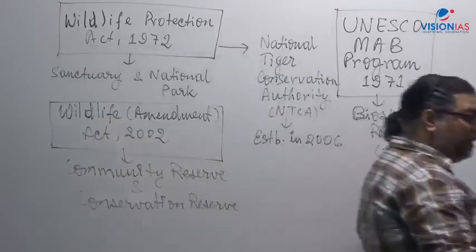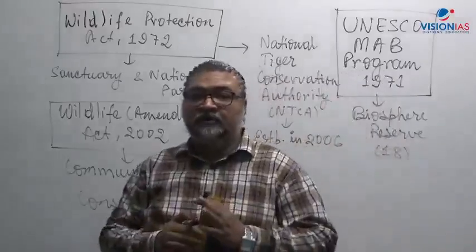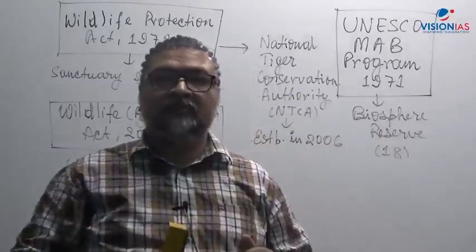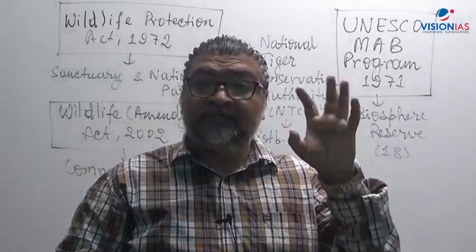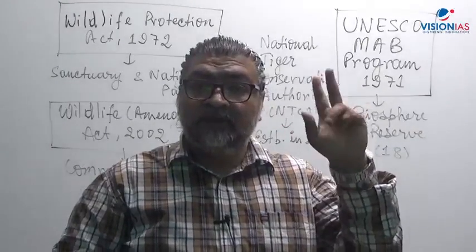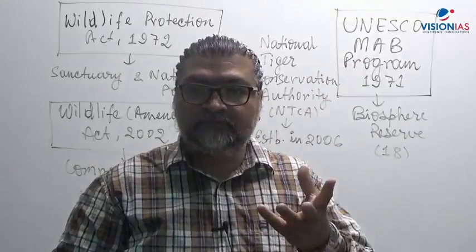The subject of wildlife in India comes under the 7th Schedule of the Indian Constitution. The 7th Schedule is based on the union list, concurrent list and state list, the law making powers.